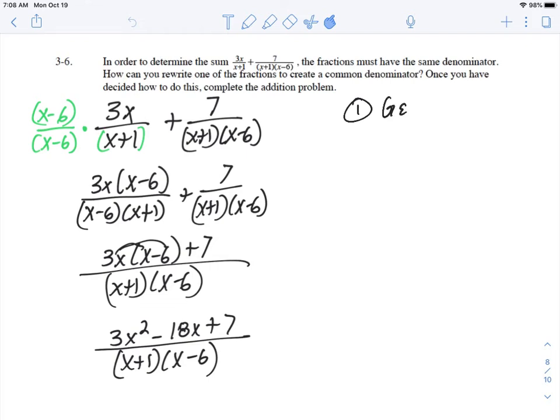Now, the steps involved in this, number 1 is to get a common denominator. I should clarify that or specify. Step 1, get a common denominator by multiplying by a giant 1.